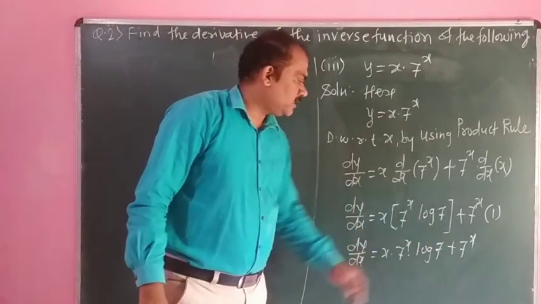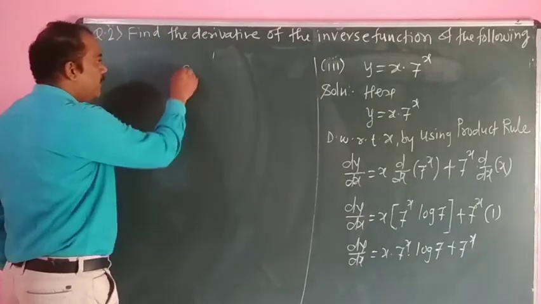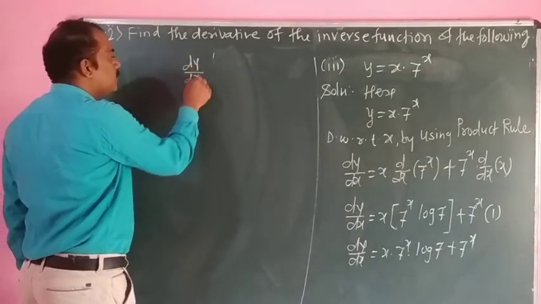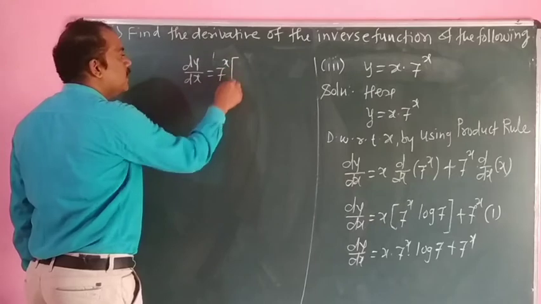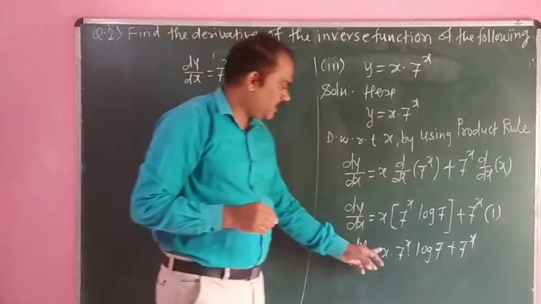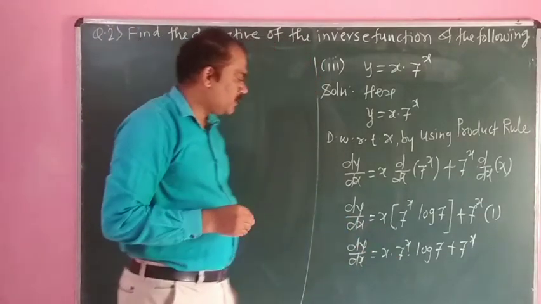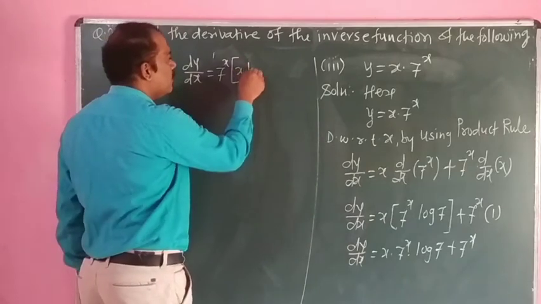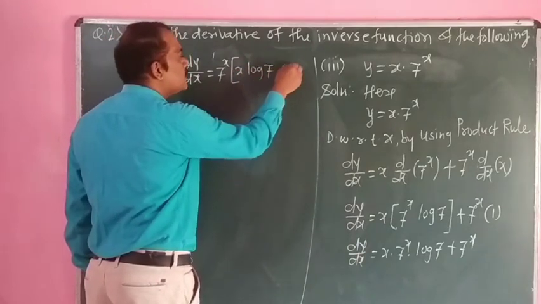From this we take 7 raised to x common, so that dy by dx is equal to 7 raised to x into bracket, what is remaining here, x into log of 7 plus 1.